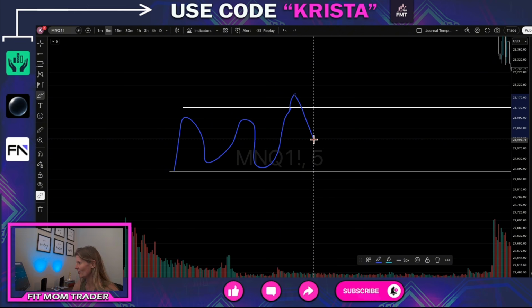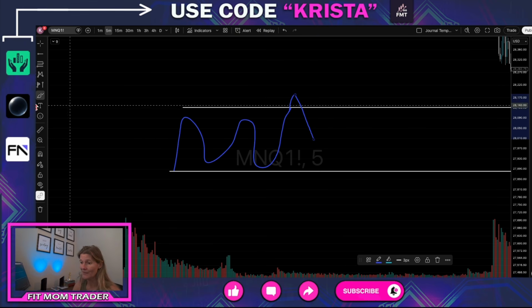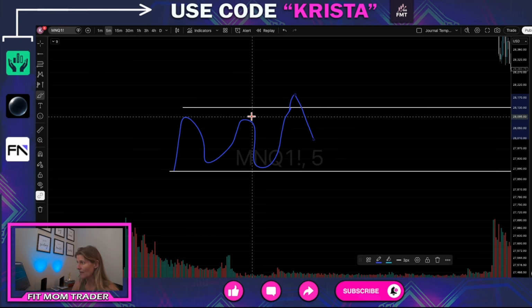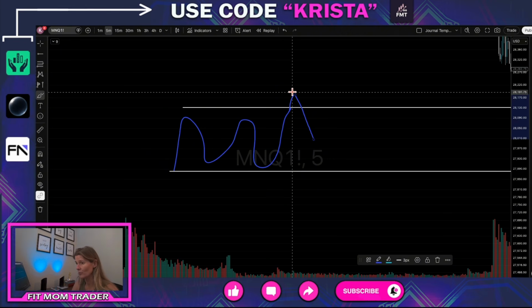The market often finds easy liquidity levels to stop people out. So retail traders place buy stops right at the high and sell stops right at the low, and institutions know this. So many times price will push through that level just enough to trigger orders before deciding whether it actually wants to continue. So I don't like chasing the initial breakout.